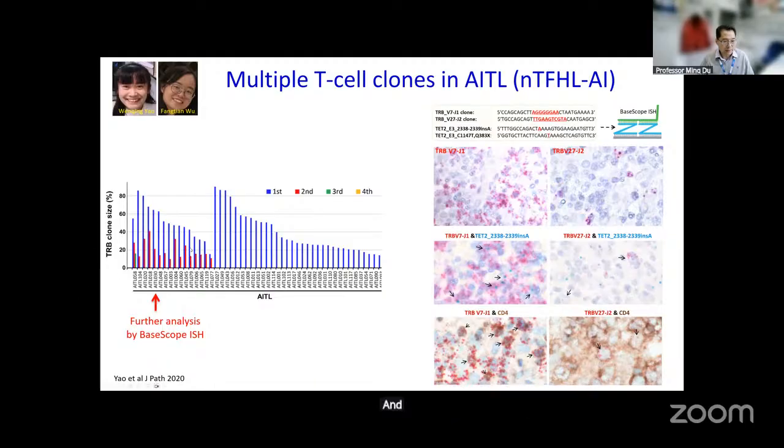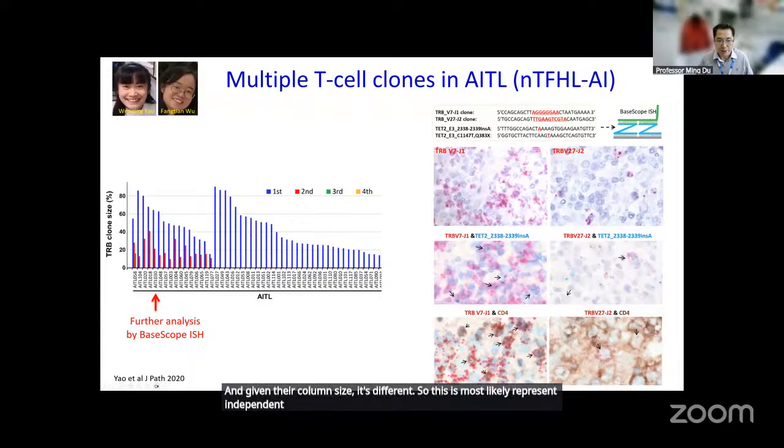Given their clonal sizes are different, this most likely represents independent TCR beta rearrangements, indicating different T cell clones.